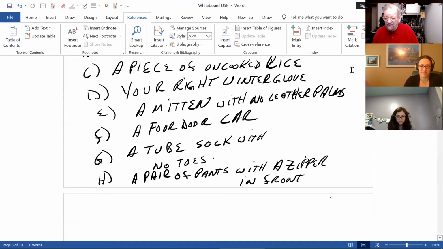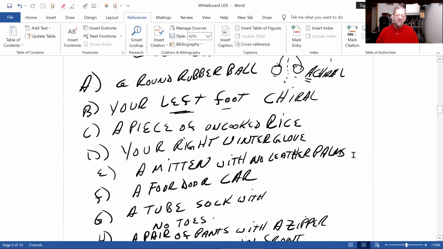All right, let's get going. Question is, are the following chiral or achiral? First of all, uncooked rice. Here's the piece. Here's its mirror image. It's superimposable. Therefore, this is achiral.